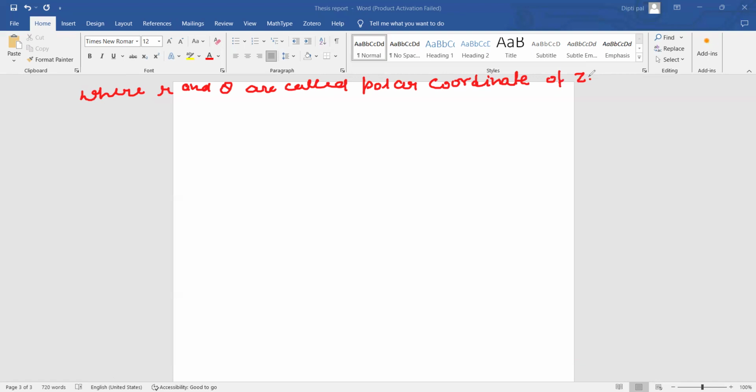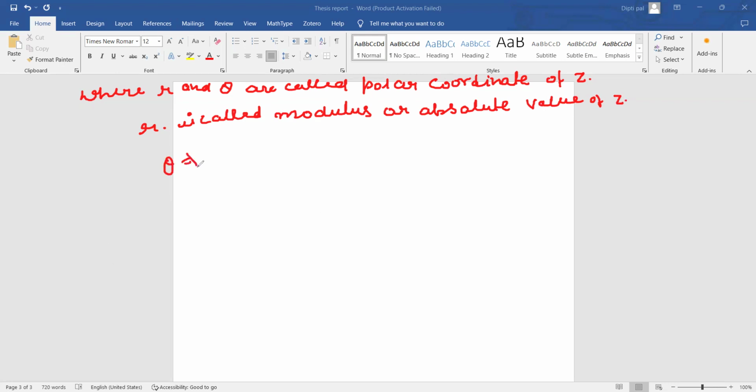r is called the modulus or absolute value of z. The angle theta is called the argument or amplitude.